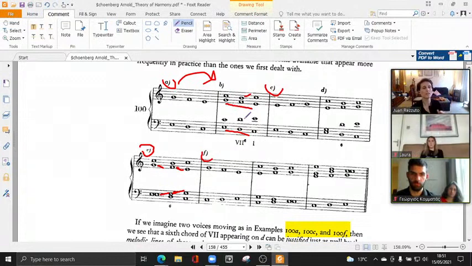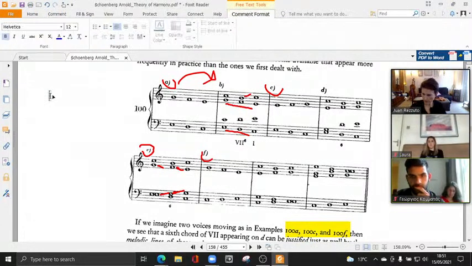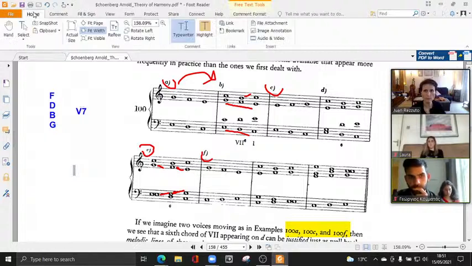Why? Because now the seventh will be seen, from now on, with the function of the dominant with the omitted root. Why is that? Because if you have, let's say, F, D, B, G, G, B, D, F, this is the dominant seventh, right?